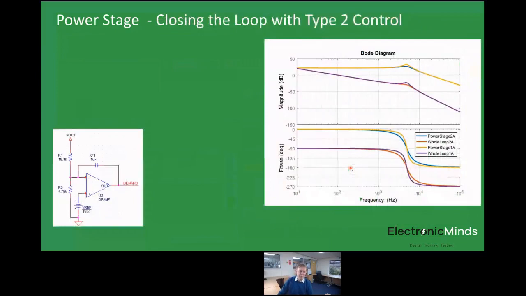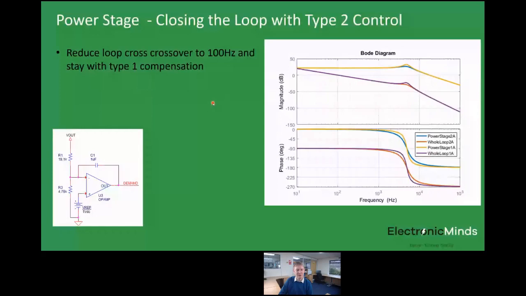We could do that with type 2 control as well if we wanted to. Actually, this is type 1 control. There's an error in the title there. We can reduce the loop crossover to 100 hertz and stay with type 1 compensation. So rather than crossover at 1 kilohertz, we design for that 100 hertz crossover. That's the same as in that simulation on a couple of slides ago, where I showed you the response when we changed the feedback capacitor up to 1000 nanofarads.